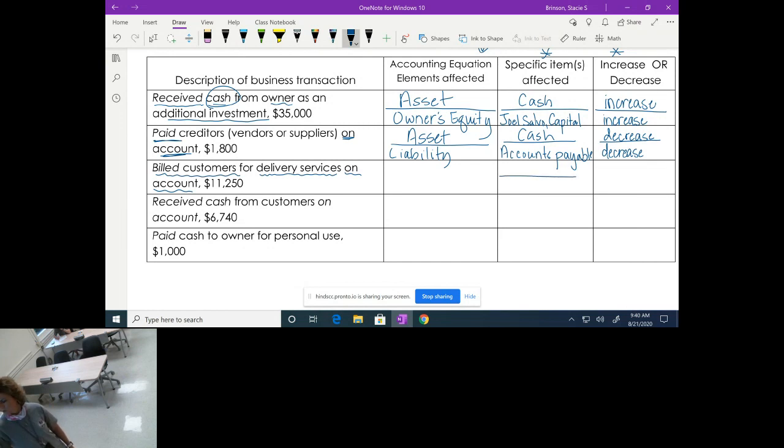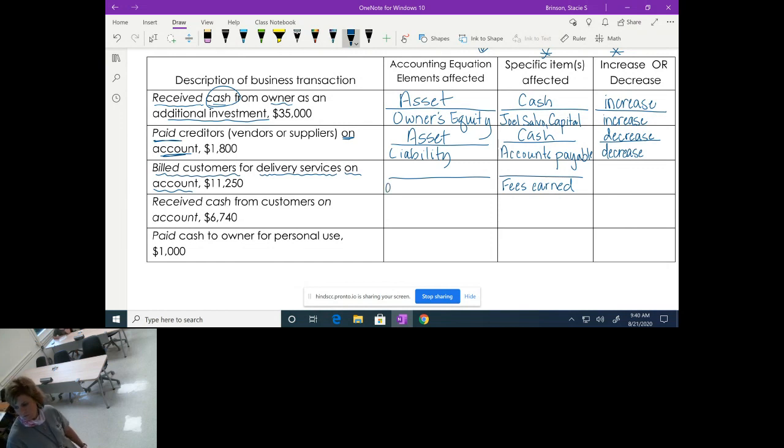So let's see. Okay, what would fees earned be? Think about this. It's a revenue account, but which accounting equation element does revenue affect? Your assets? Not the fees earned piece of it.